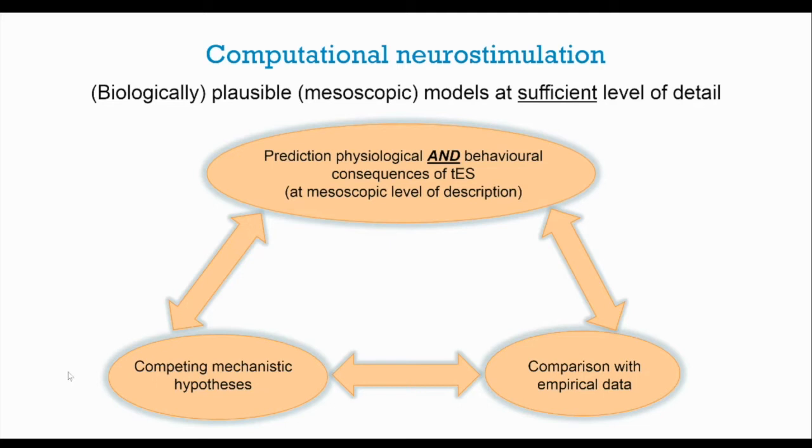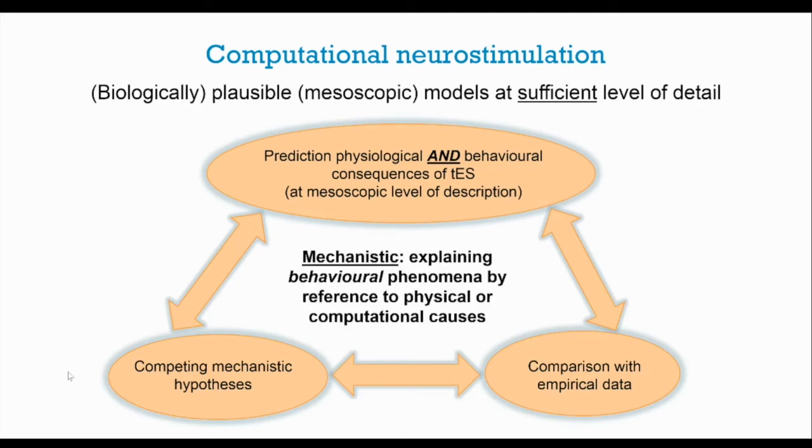But what such a model really allows us is to make mechanistic statements, to explain the behavioral phenomena that we observe and that we're interested in by reference to an underlying physical or computational cause. So these models would allow us to ask and inspect what happens to a neural circuit, a neural network, and so on, and how it causes the behavioral change.